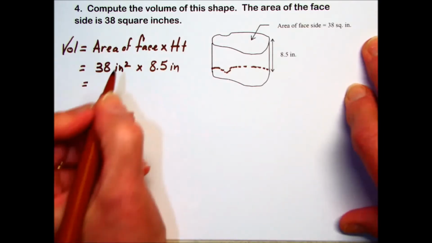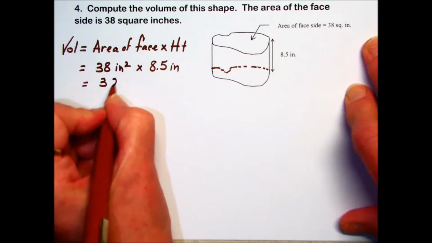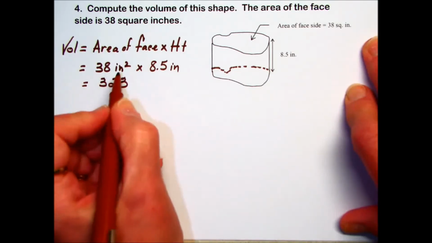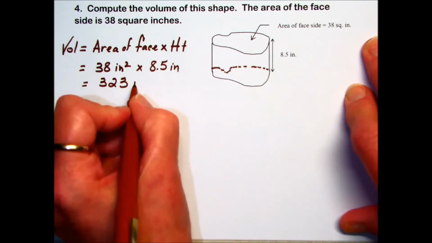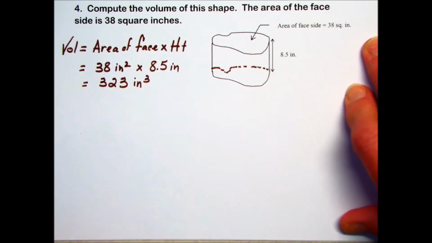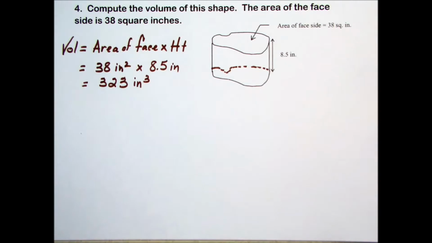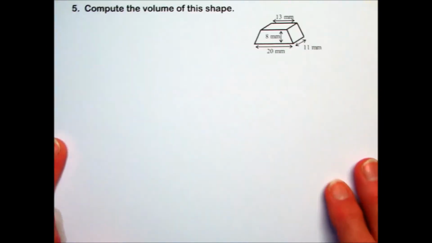Multiplying the values gives us the value of 323 inches squared times another inch is going to give us inch to the third power, which is the unit we would be expecting working with a volume problem.